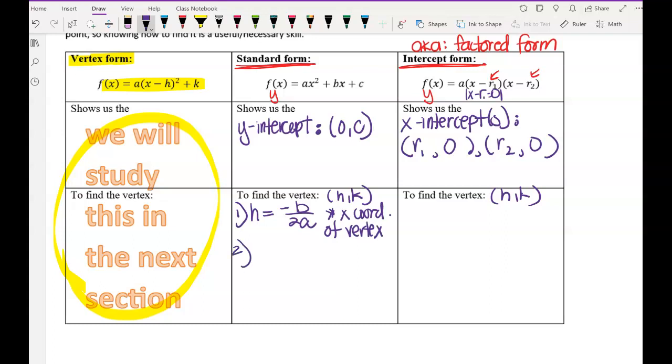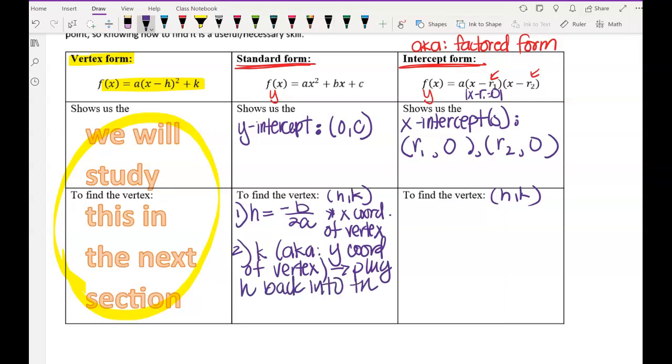Now, step number 2, to get the k value, which is the y coordinate of the vertex, you will need to plug h back into the original equation.